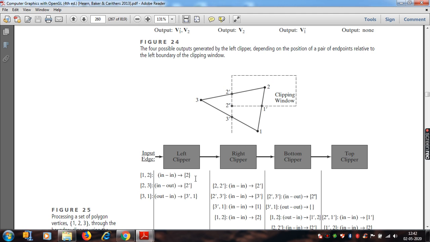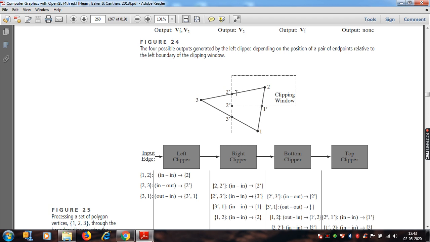Now see, the second edge I am going to pass is 2 to 3. What is the case here? 2 to 3 means inside to outside. In that case, what will we do?